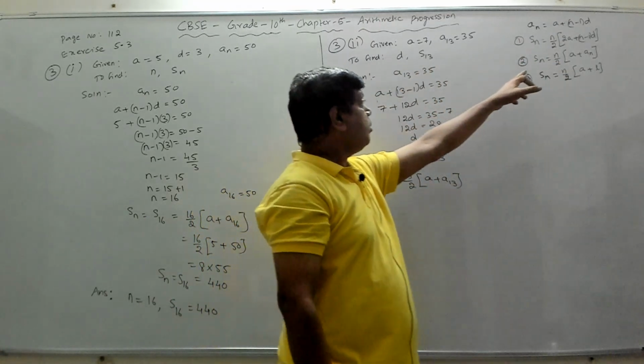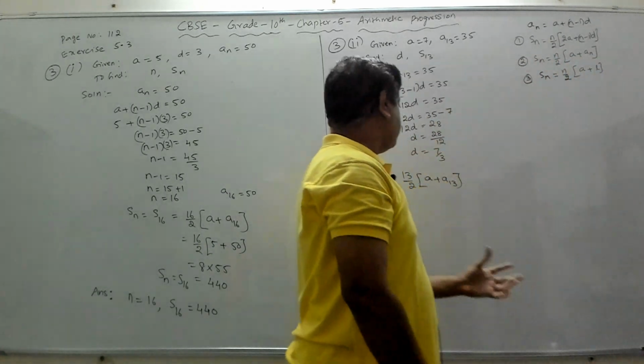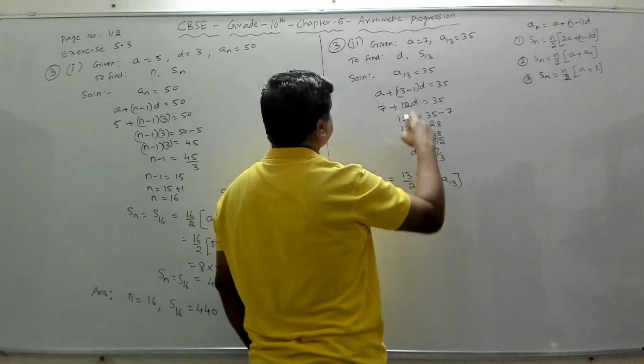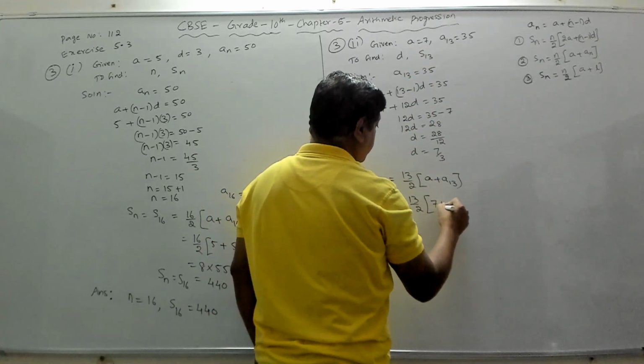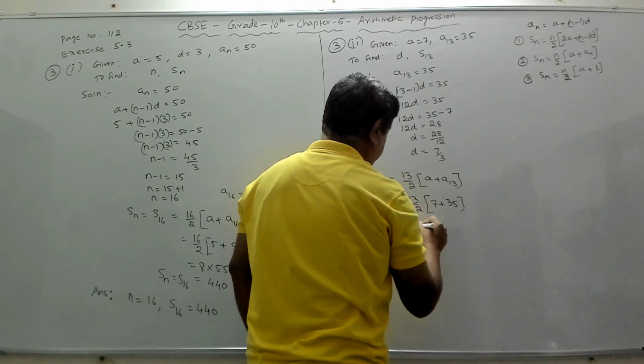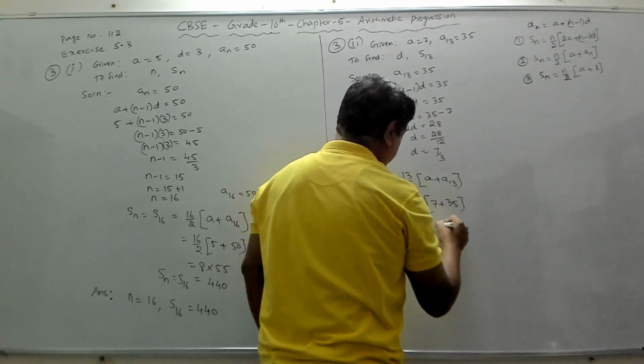So S13 equals 13 by 2 into A plus A13, which is 13 by 2 into 7 plus A13, and A13 is 35.